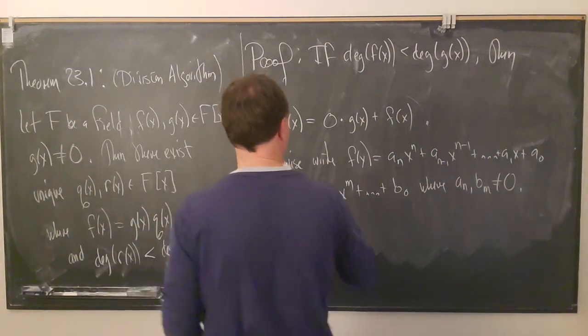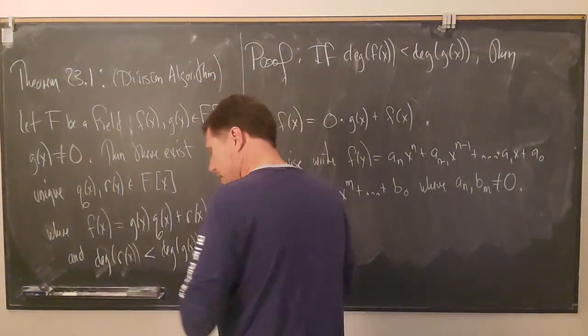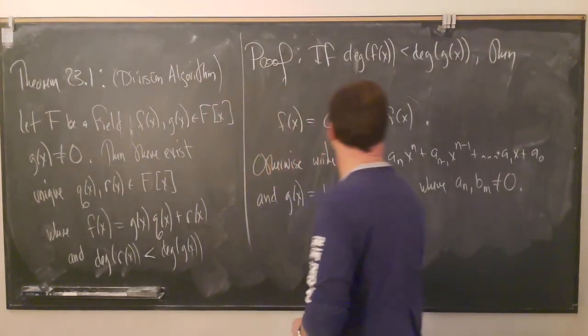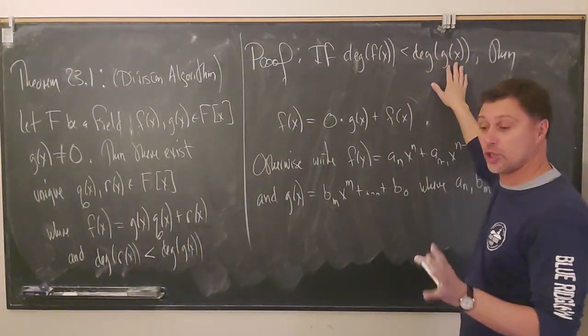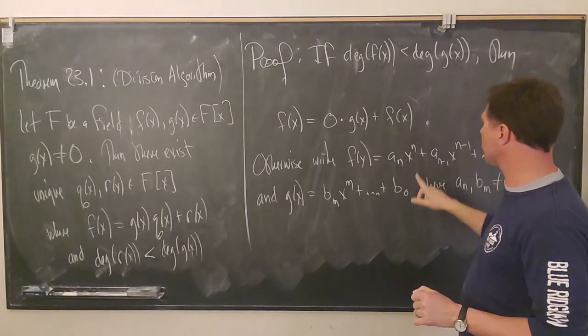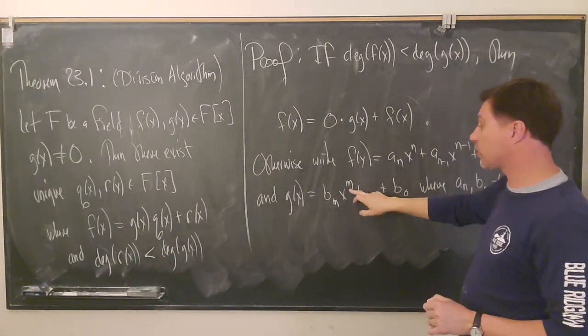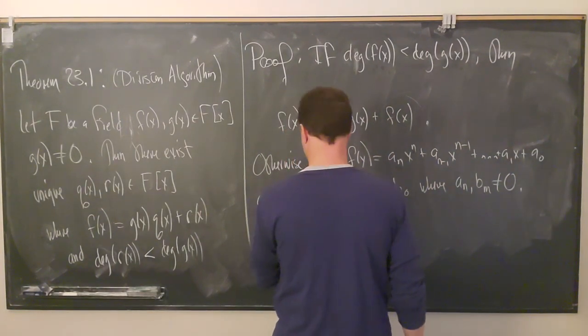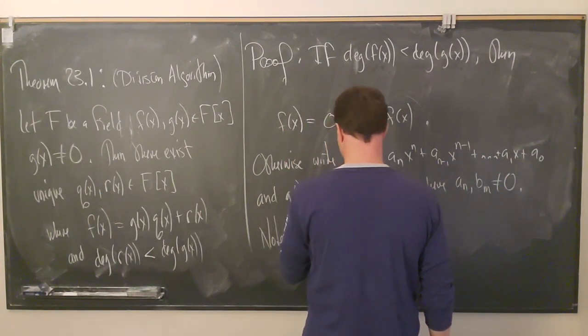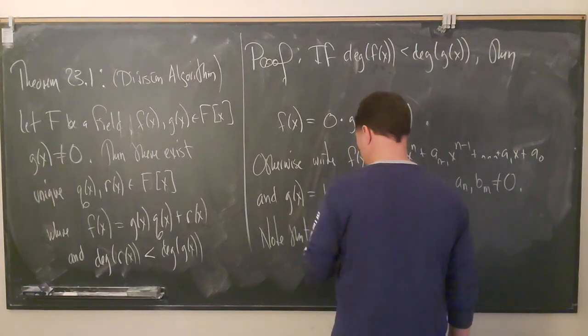So notice now, since we said otherwise, what we're assuming is that the degree of f of x is greater than or equal to the degree of g of x. And so that tells us that n is greater than or equal to m. Right, so note that n is greater than or equal to m.